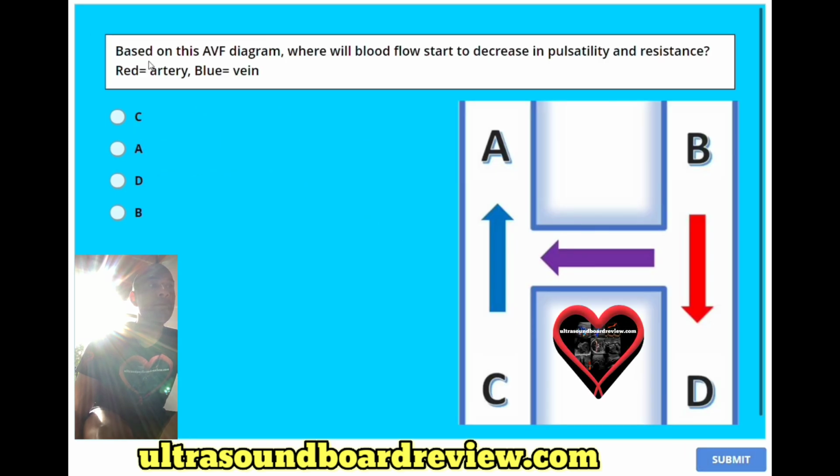Question 32. Based on this AVF diagram, where will blood flow start to decrease in pulsatility and resistance? A, B, C, or D?